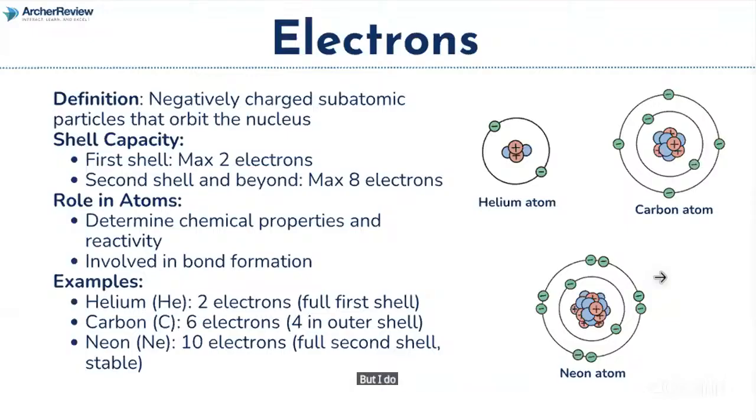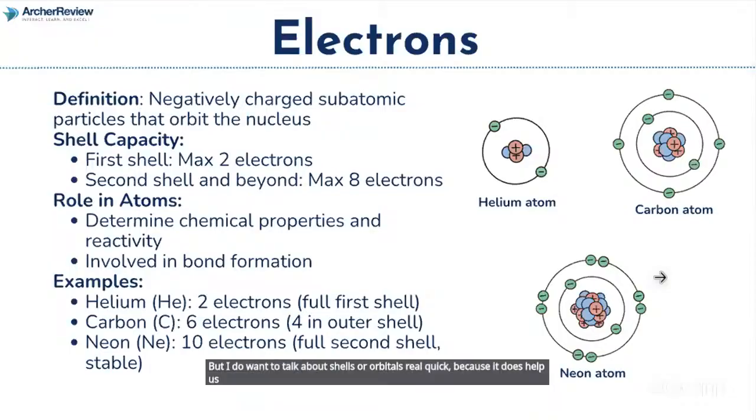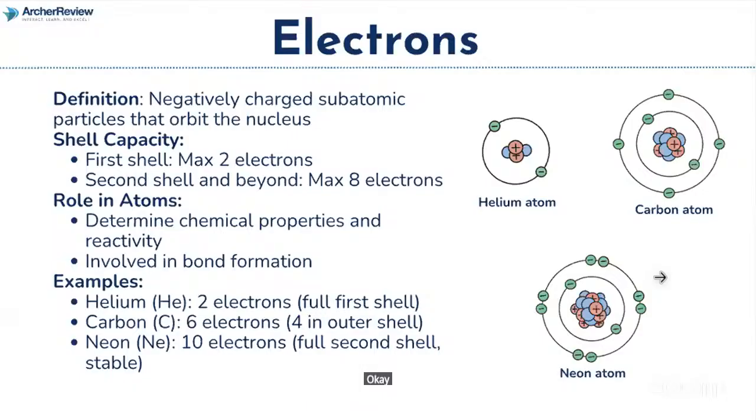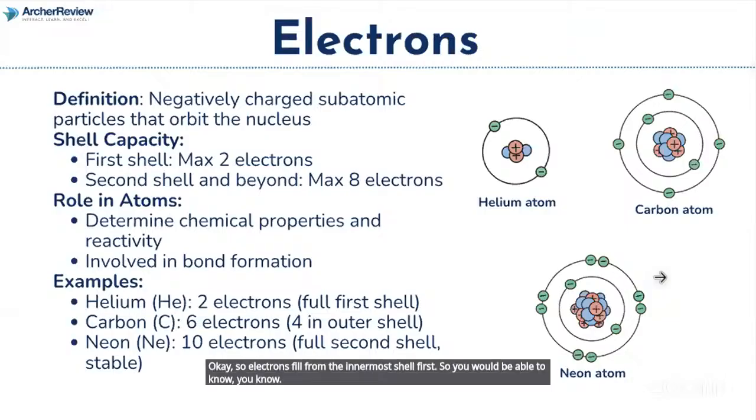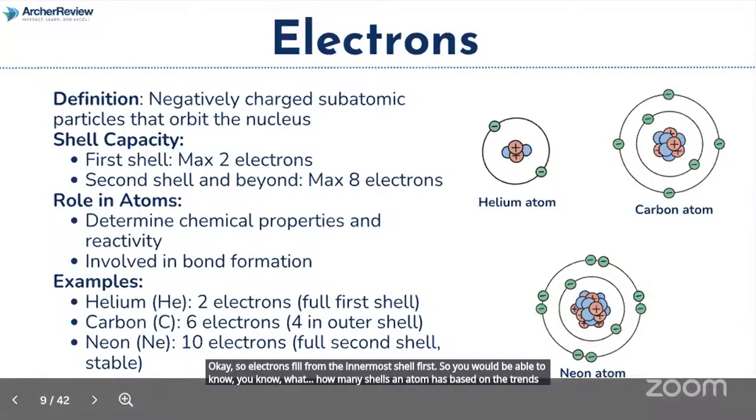I do want to talk about shells or orbitals real quick because it helps us understand where electrons are placed, which then helps us a whole lot when we talk about chemical reactions. Electrons fill from the innermost shell first. You would be able to know how many shells an atom has based on the trends in the periodic table.